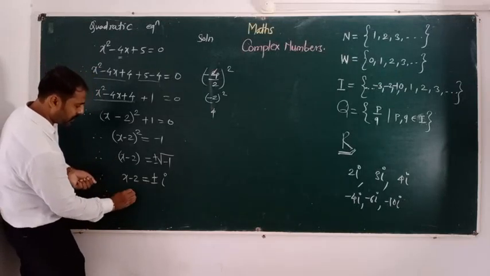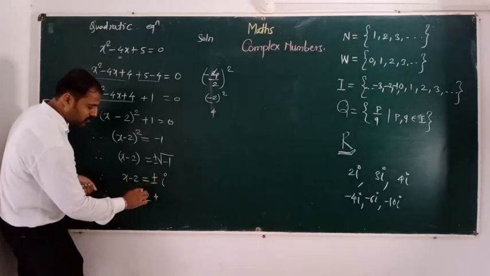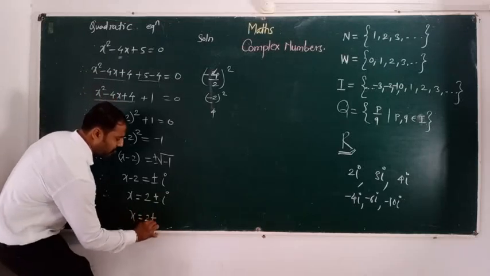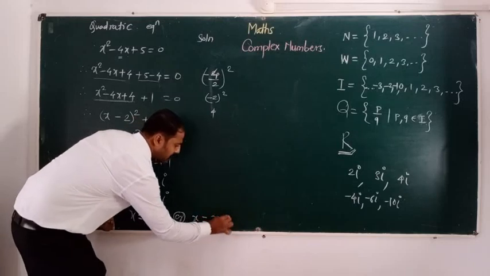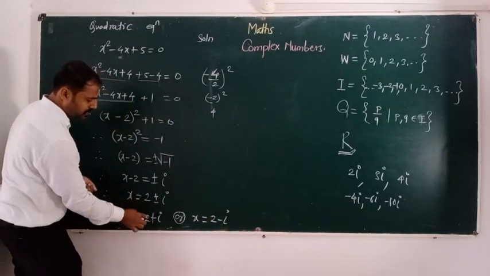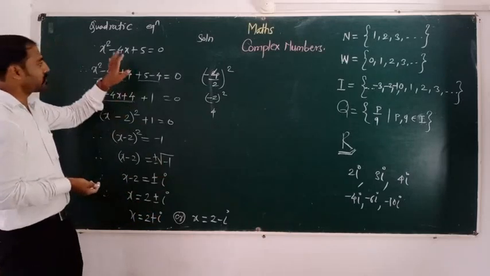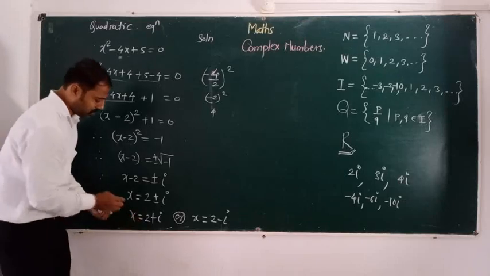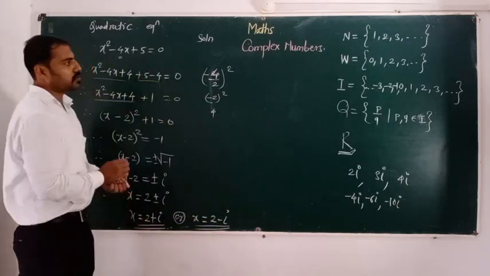Therefore, x is equal to 2 plus minus i, that is x is equal to 2 plus i or x is equal to 2 minus i. Take first plus and then minus. So these are the two solutions of that quadratic equation.